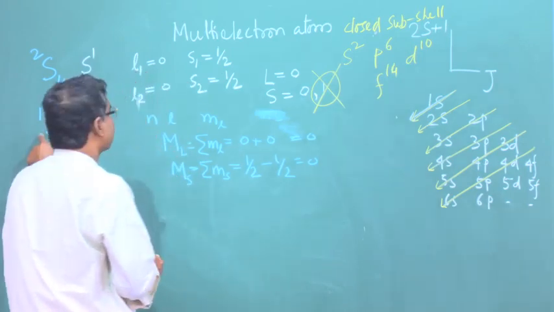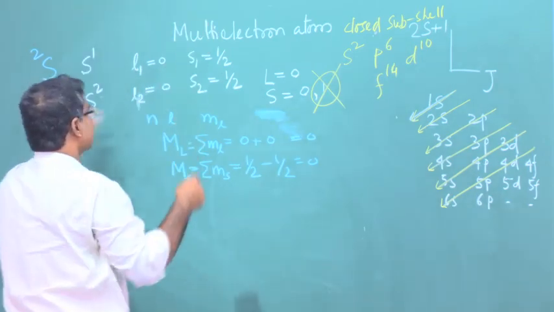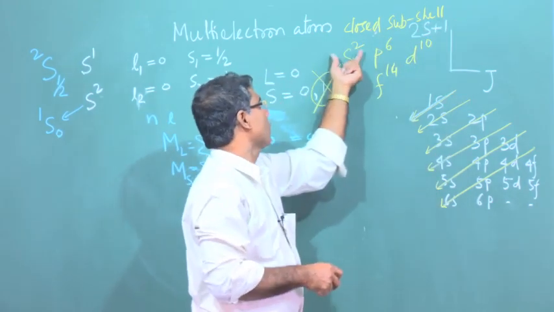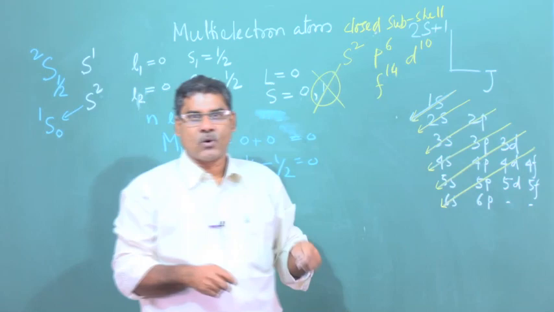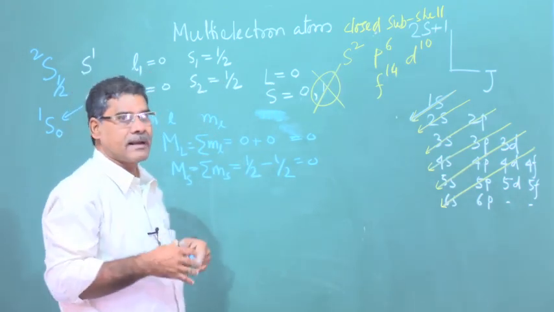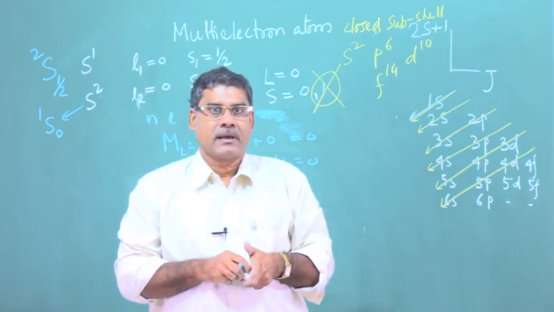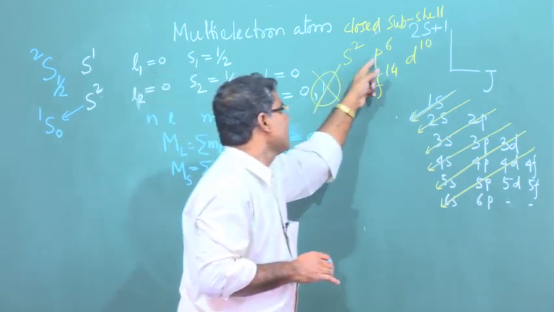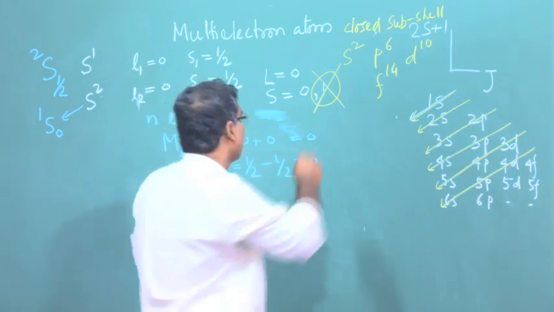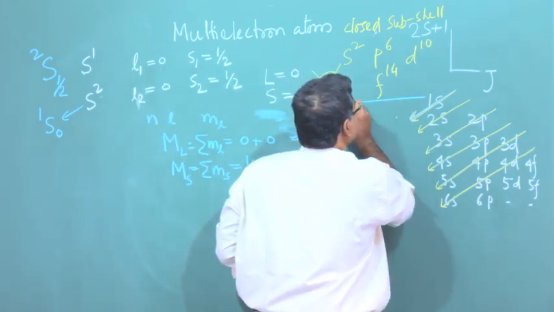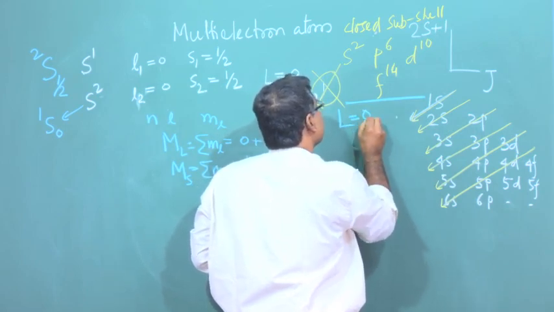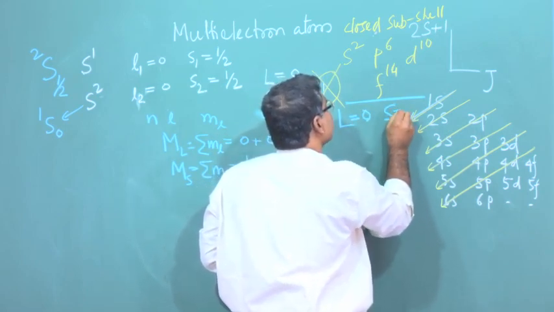Here you see this s2 is a closed subshell. So, for a closed subshell, what am I getting? I am getting resultant L is 0 and resultant S is 0, and you can show the same result for any other closed subshell. So, for all closed subshells, the resultant L will be 0 and S will be 0.